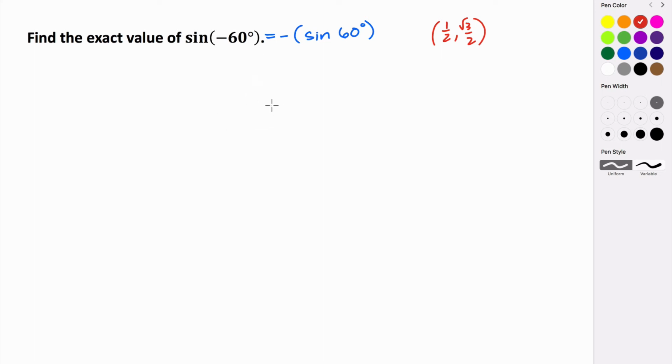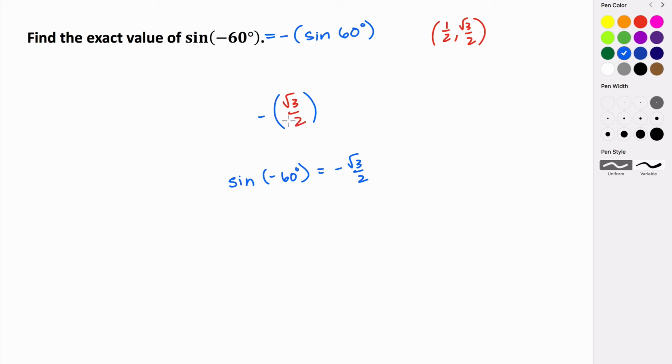So the sine at 60 degrees is the square root of 3 over 2, and we are taking the opposite of that. So the sine of negative 60 degrees is negative radical 3 over 2. That's how we can use the fact that sine is an odd function to evaluate this.